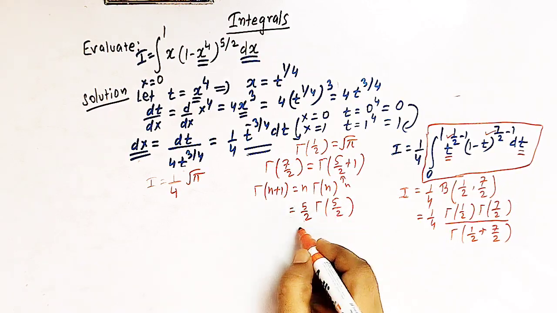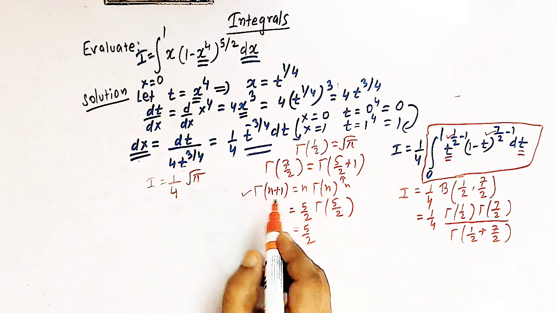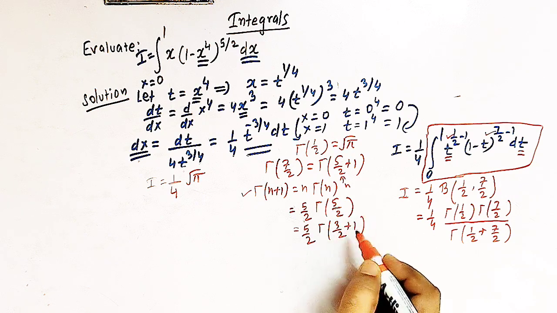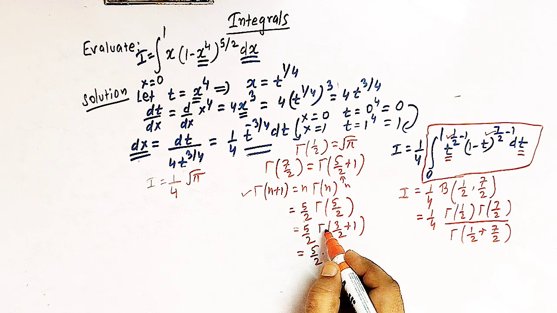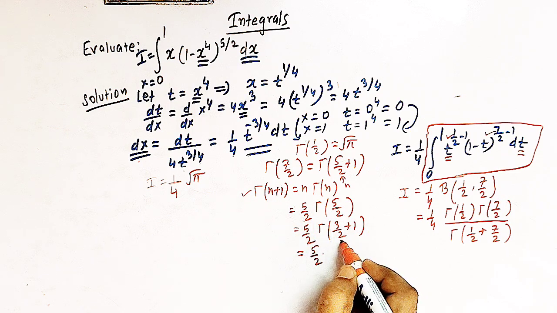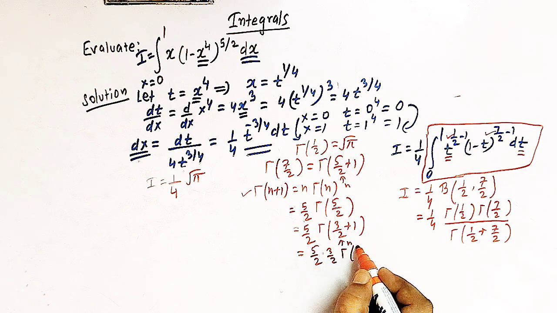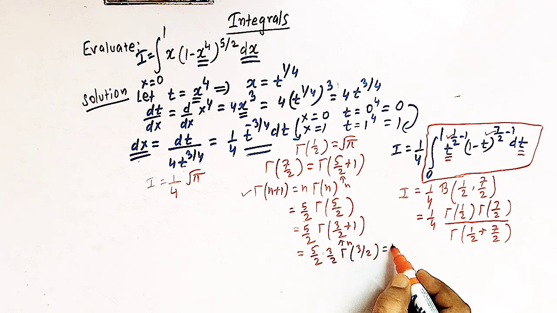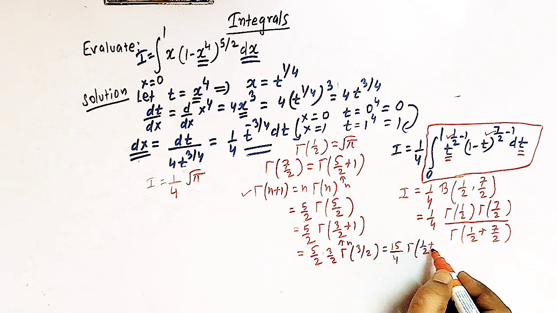So now gamma of 5 by 2 can further be written by using this relation. So we can now write 3 by 2 plus 1. 5 by 2 is 3 by 2 plus 1. So we have 5 by 2. And then using this relation, now n is 3 by 2. So here we have 3 by 2 times gamma of 3 by 2. And this is 5 times 3 is 15, and here we have 4. And then gamma of 3 by 2 can be written as half plus 1.